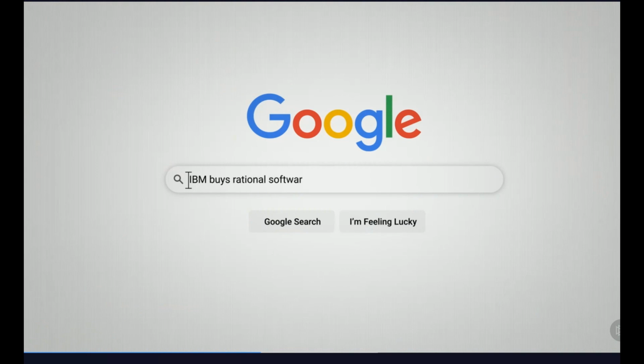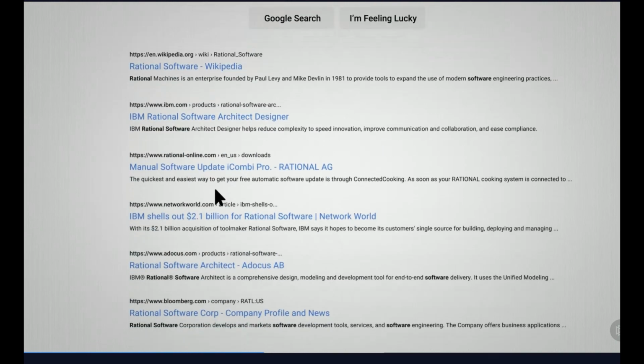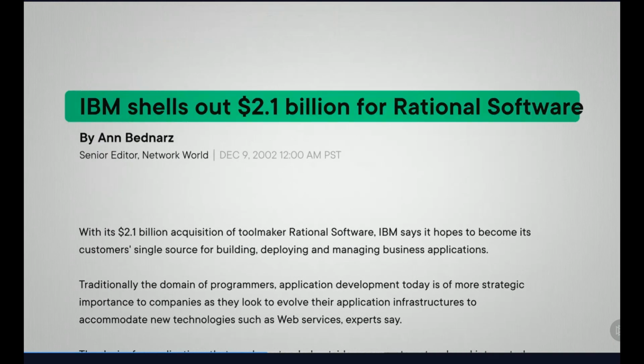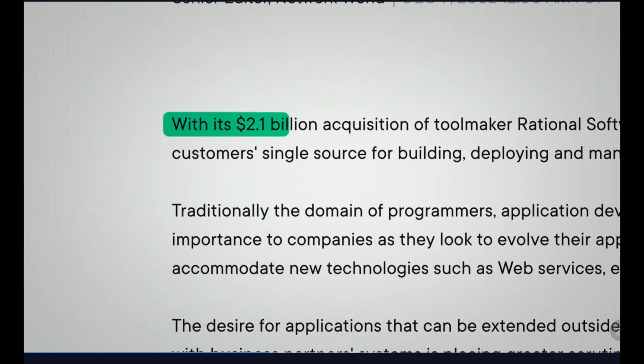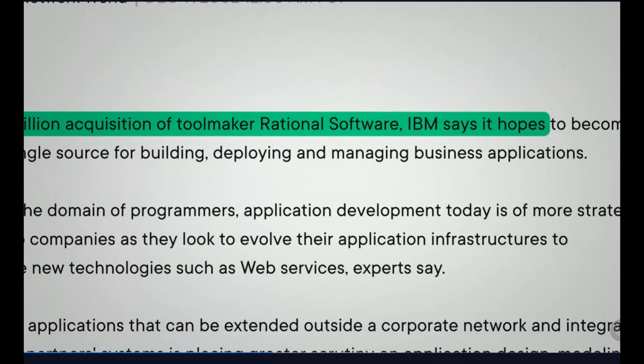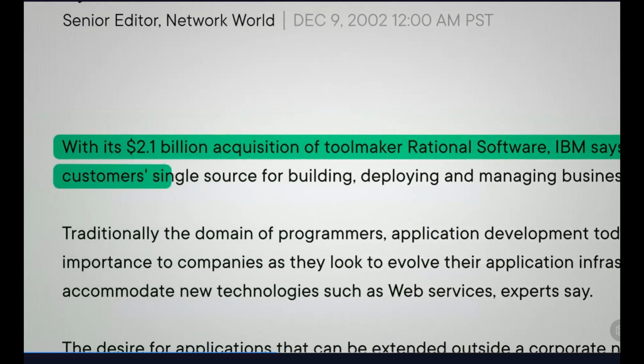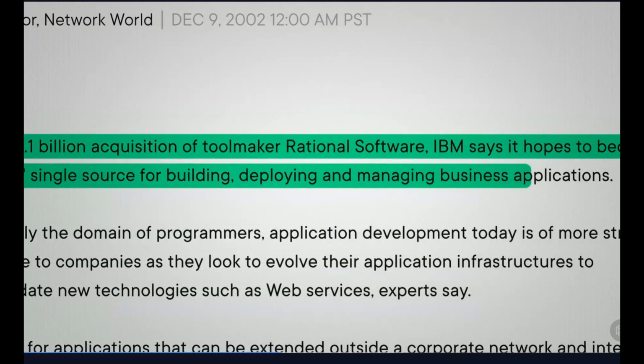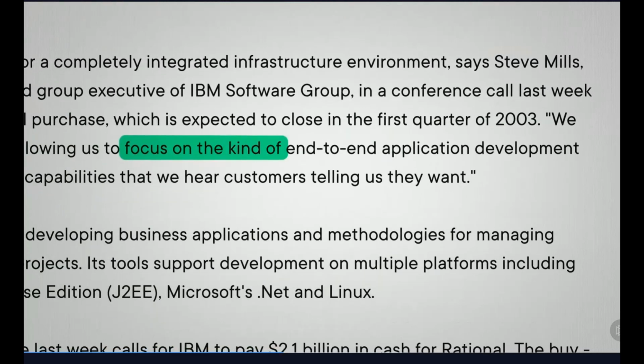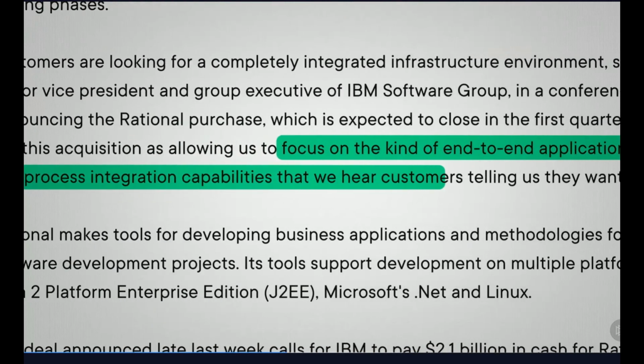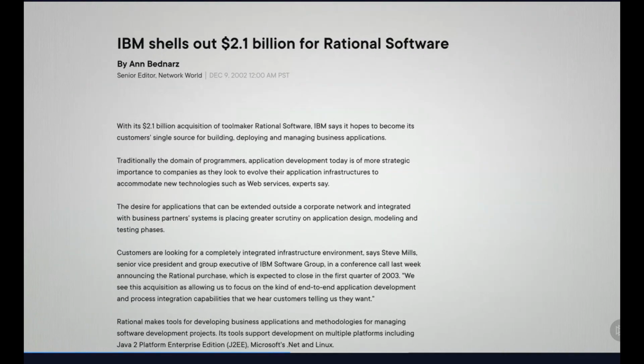In 2002, IBM purchased Rational Software to strengthen its software development capabilities and to offer end-to-end solutions to its customers that would help organizations improve the quality, efficiency, and reliability of their software development process. This solidified the Rational Unified Process as a legitimate and capable approach to software development.